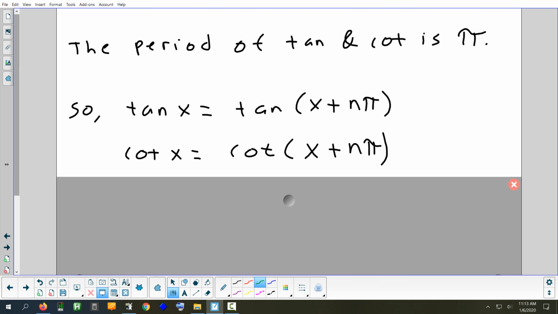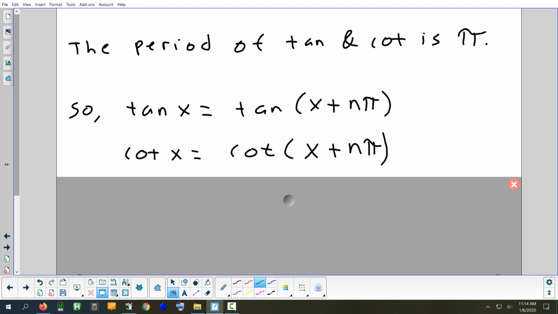Let's say this was in degrees, and you said, I want to know the cotangent of 800. That's kind of big. That's hard for me to figure out. What can I do to make 800 smaller? Well, I can add or subtract multiples of pi. So I could subtract 180 as many times as I needed to make that number smaller and make it easier in my head to work with.